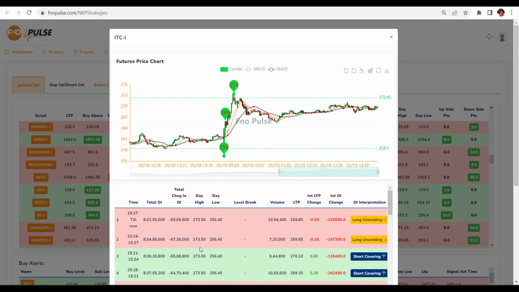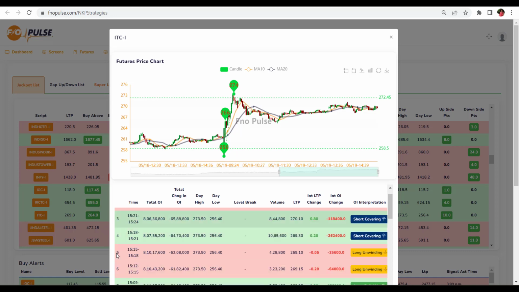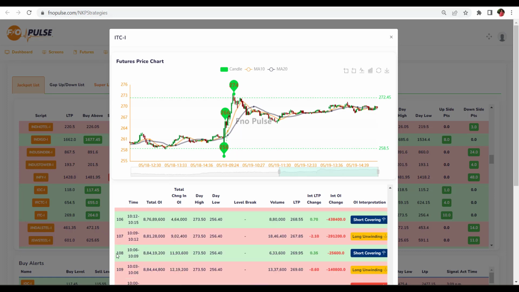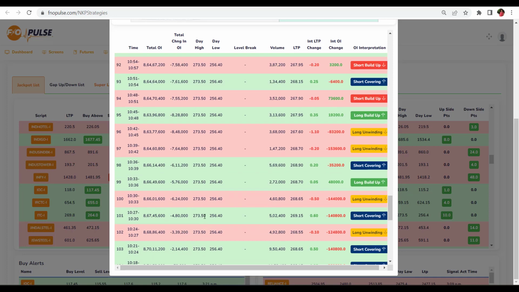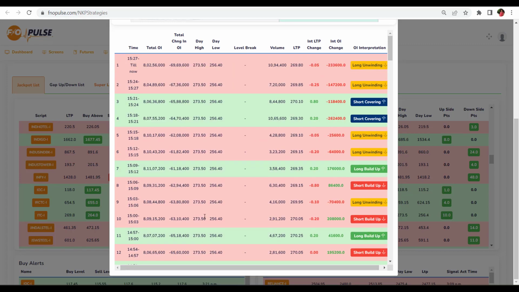Next is ITC. In the same way, for ITC the entry point was given as 264. You can find at what time the 264 was executed: 9:21 to 9:24 a.m., 3-minute candle. The 264 went to a day high of 273.50.